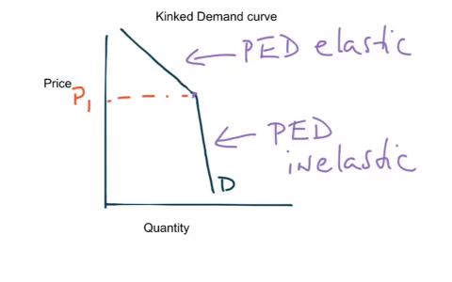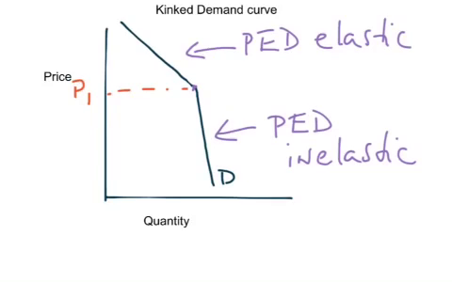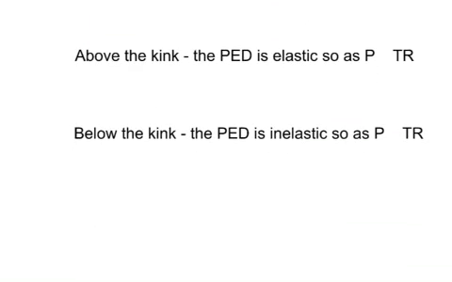Okay, so we can label these portions of the demand curve as elastic and inelastic, but why that becomes important for the oligopolist is when we think about the relationship between price elasticity of demand and total revenue. So what we see is that if the price elasticity of demand above the kink is elastic, then that's going to mean as the price is increasing, total revenue will decrease.